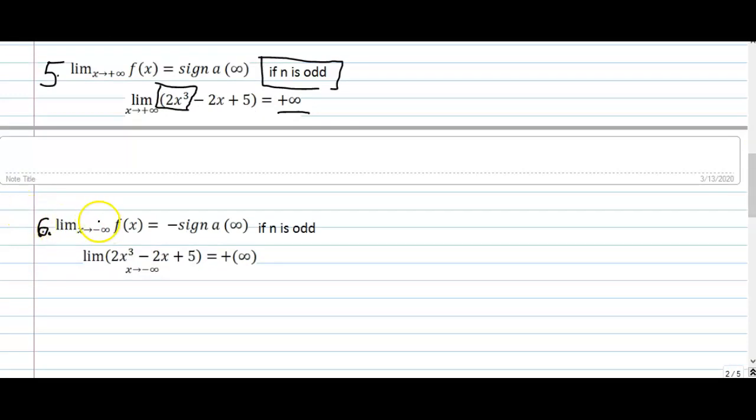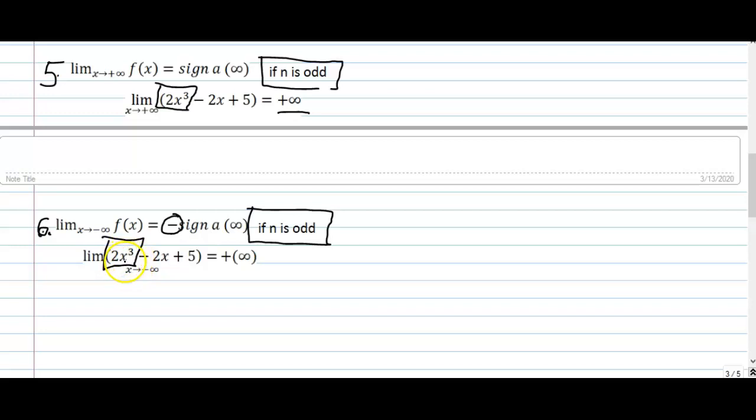The last rule in reference to the limits of polynomial functions as they approach either positive or negative infinity is where we are evaluating a polynomial function as x approaches negative infinity and n is odd. So again, here we have to take the opposite of the sign of the leading coefficient and attach an infinity to it.